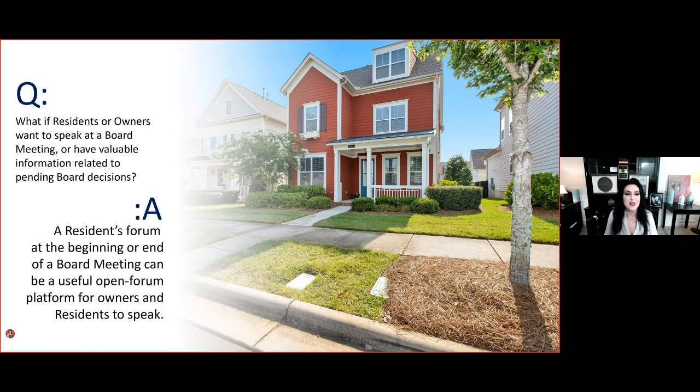Okay, so with this being said, what if a homeowner or resident asks to speak at a board meeting because they want to talk about the fence that's going to be falling down that we need to repair? Great question. Take a look at your governing documents. Some of your association documents allow for open board meetings, meaning that the board can have a meeting but have a resident forum at the beginning or the end.